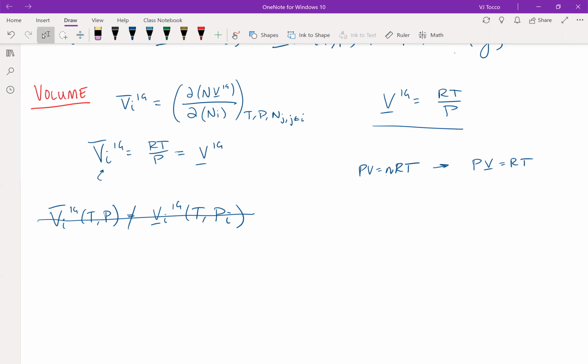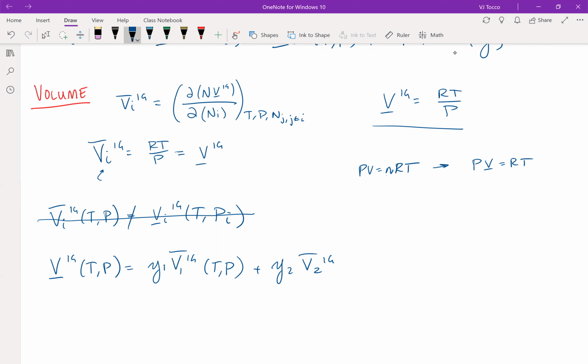So for volume, what you have to say is the molar volume of an ideal gas at some T and P is equal to, you do it in a way that you assume it's like an ideal mixture. So you take a weighted average of the mole fractions. So y_1 times partial molar volume for component 1 of an ideal gas at T and P plus y_2 times partial molar volume of component 2 for an ideal gas.